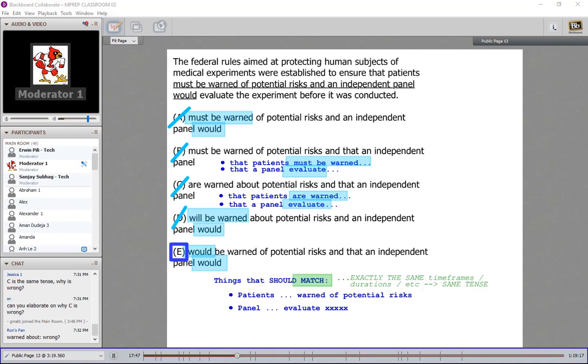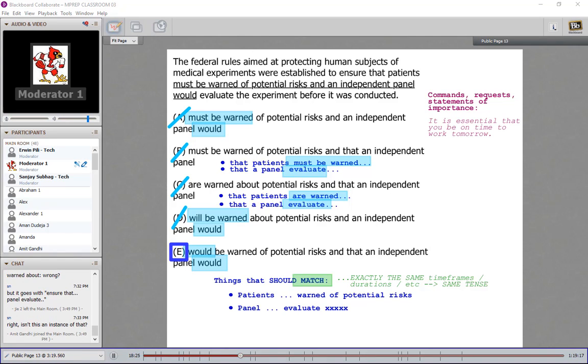The way the second one works is the way demands and commands and requests and stuff like that work. It has a name and I can't remember what it is, but it's in our strategy guide. If you have things like commands or orders or requests or statements of importance, like it is essential that you be on time to work tomorrow, this is not the present tense.